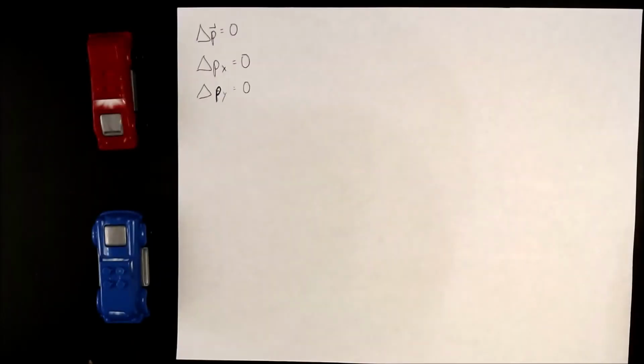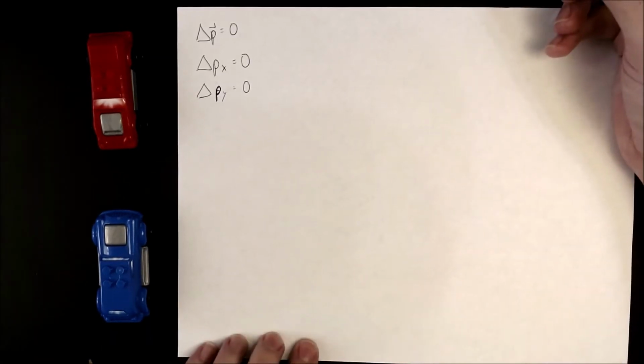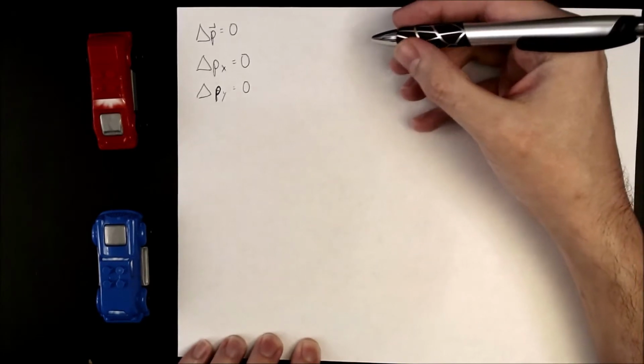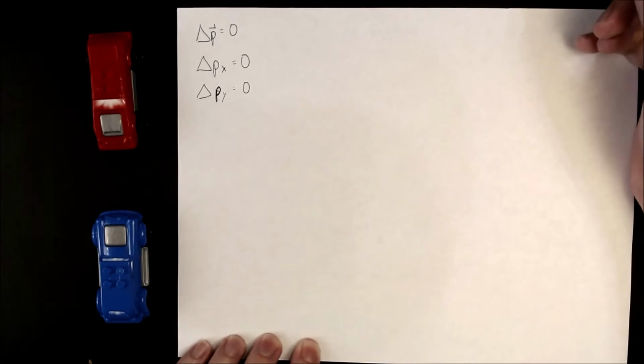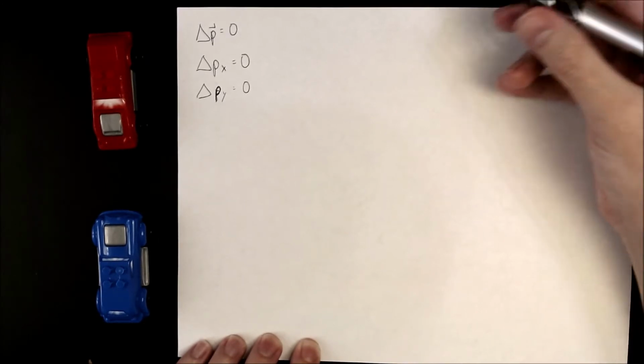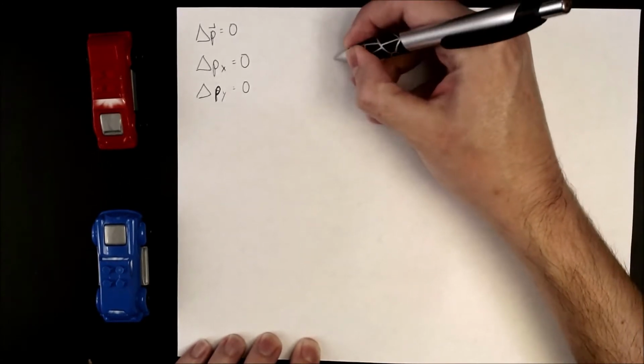Let's take a look at the example that's listed on slide 3 of the slideshow that we're in, Momentum 02. This example says that there's a 1,500 kilogram car traveling east at 25 meters per second, and it hits a truck with a mass of 2,500 kilograms traveling north at 20 meters per second. So we should probably draw that out.